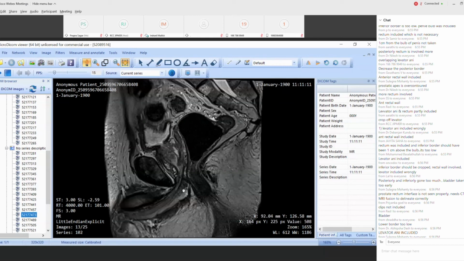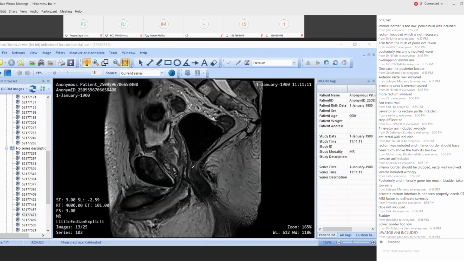The penile bulb is usually below the lower border of the symphysis pubis, and if you go about a centimeter up from the penile bulb, you will hit the prostatic apex. If there was a pointer I could use, that would have been better, but unfortunately, I can't.